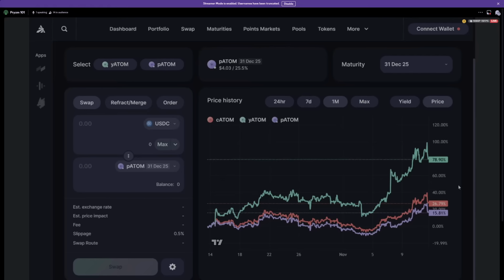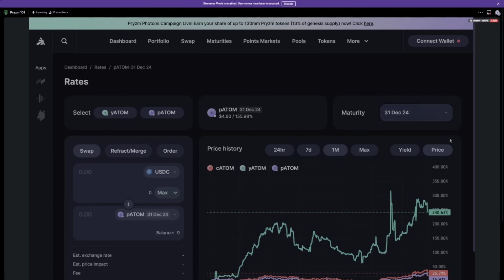And the reason for that is Y atom got added to the photons campaign, increasing the value of Y atom, and as a result, because one Y atom plus one P atom equals one atom, if you increase the value of Y atom, it decreases the value of P atom. So that's why we've seen these changes, and it normally makes a bigger difference for longer dated maturities.